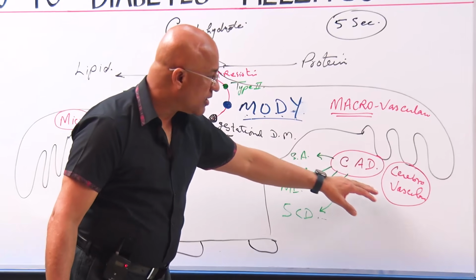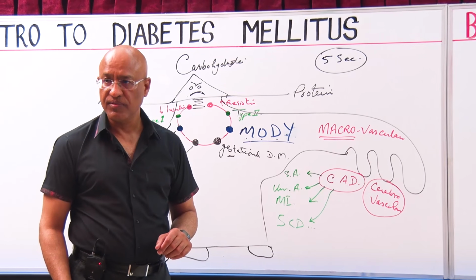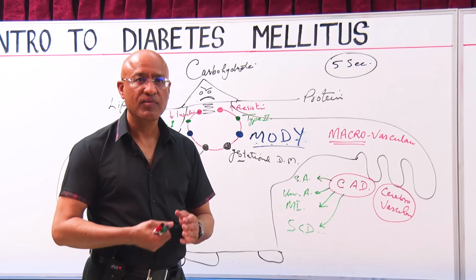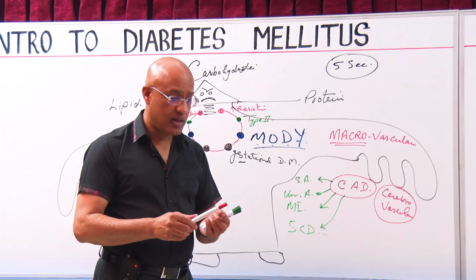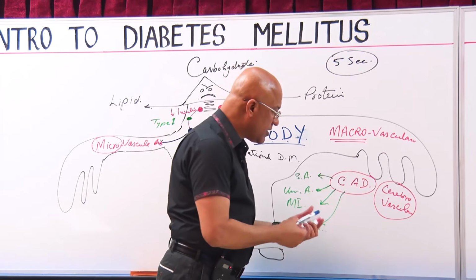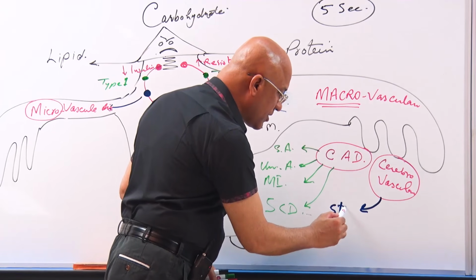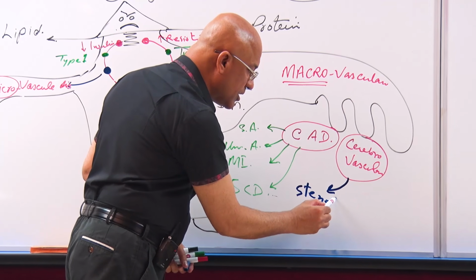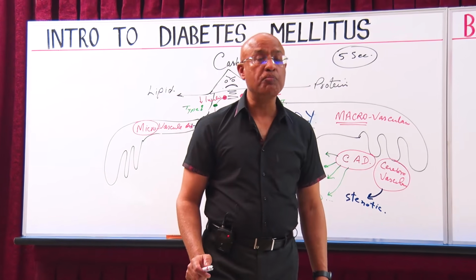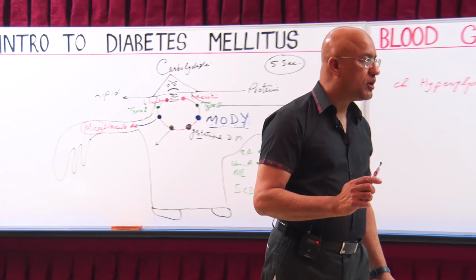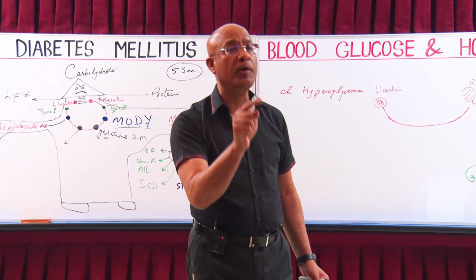So cerebrovascular accidents, CVAs, related to diabetes are very common. And again, CVAs can be stenotic, reducing blood flow to some part of the central nervous system due to narrowing of the vessel because there is an atheroma.